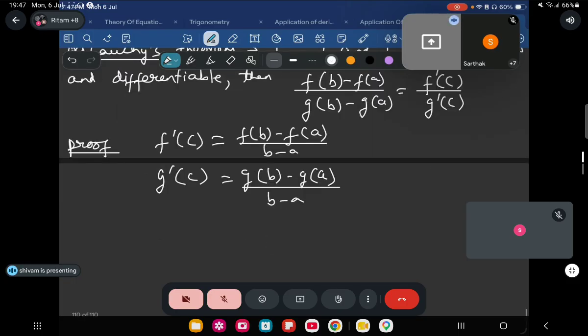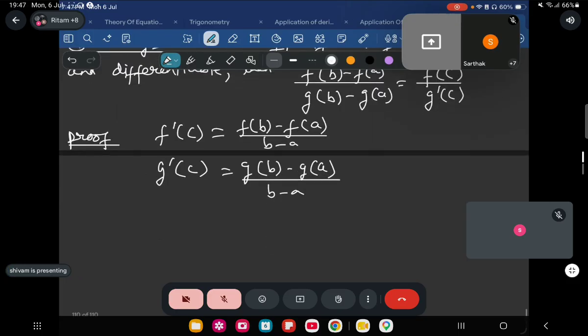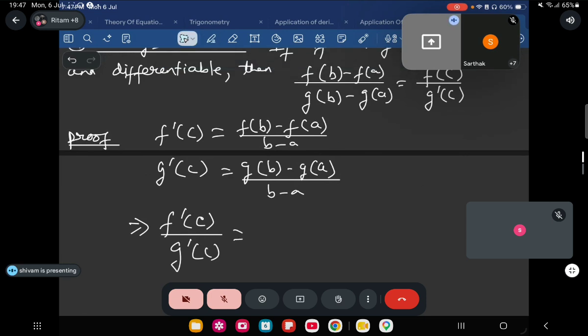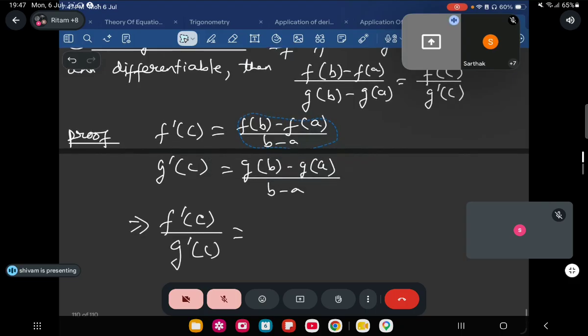Applying LMVT on both f of x and g of x, after this we can divide. This implies f dash c by g dash c is equal to f of b minus f of a upon b minus a, divided by g of b minus g of a upon b minus a.